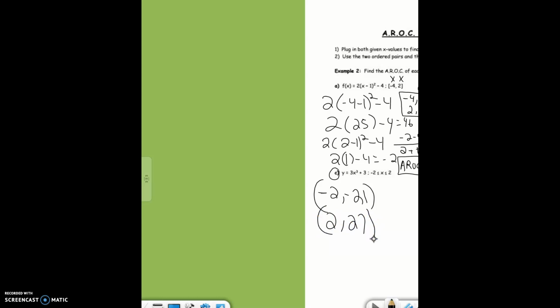Now, if you didn't have your calculator, you'd have to just plug in the points, okay? So again, it's going to be what? 227 minus -21 over 2 minus -2. And we get 48 over 4, which makes my average rate of change 12.